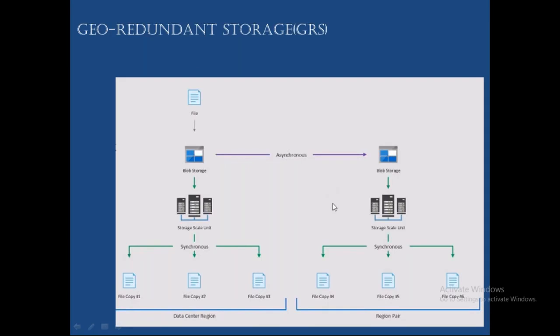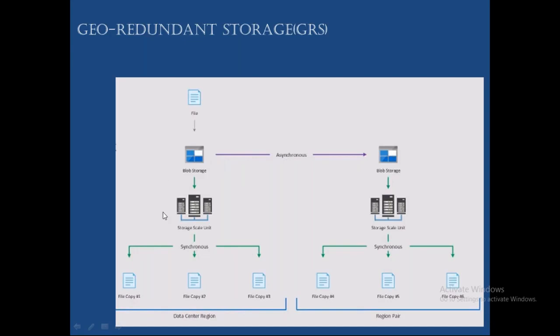But you need to think here, the data in the secondary location you cannot read, because you are only maintaining the backup. If you select geo redundant storage, you can maintain the copies in another data center. Here you maintain 3 copies and there you maintain 3 copies, but you cannot access those 3 copies; you can only access the primary 3 copies.